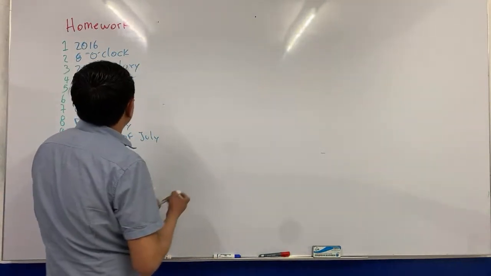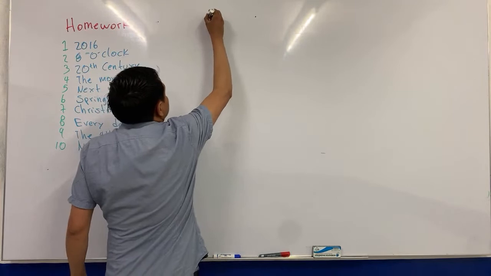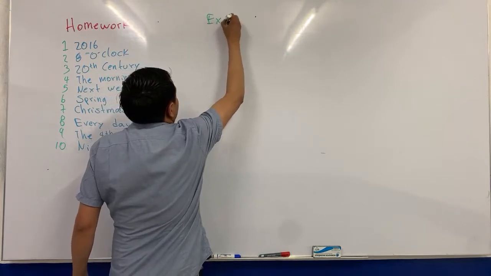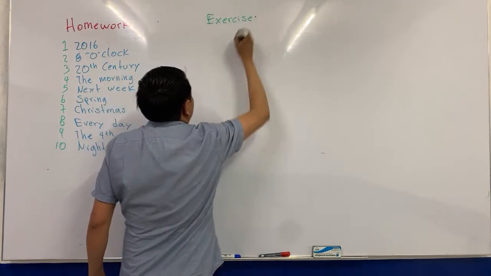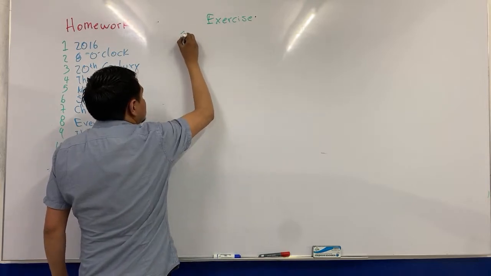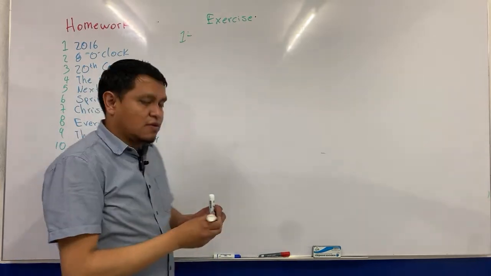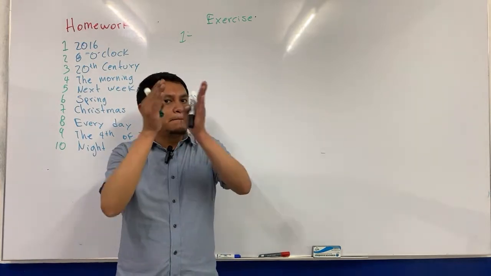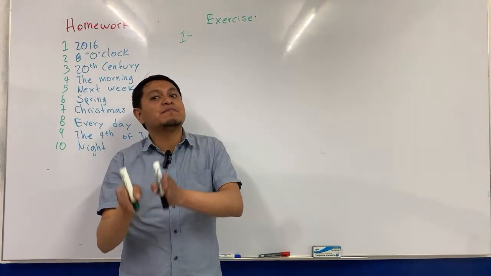The first exercise is: blank my wife's birthday.